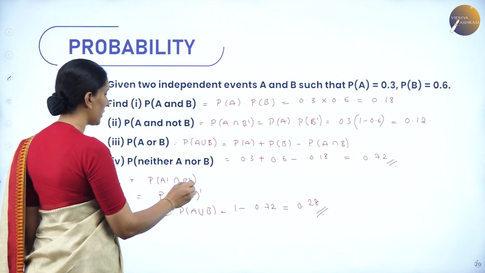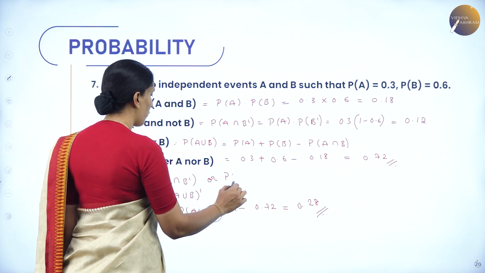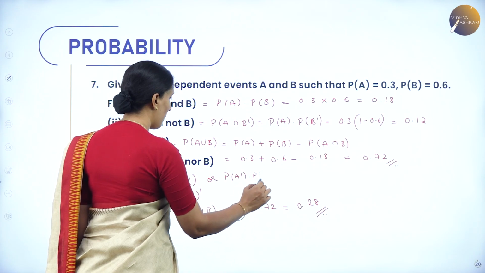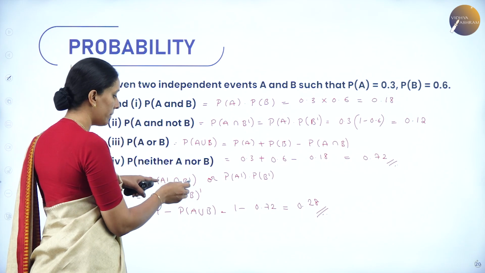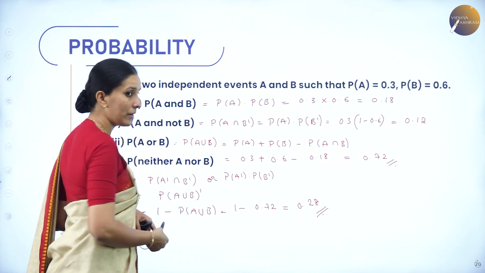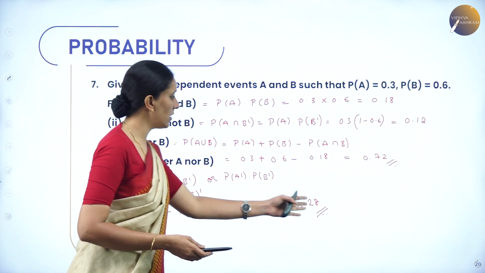Now this problem can also be solved as probability of A dash into probability of B dash, because they have clearly given these are independent events. So we can find probability of A dash, probability of B dash, and then multiply them. We'll get the same answer.